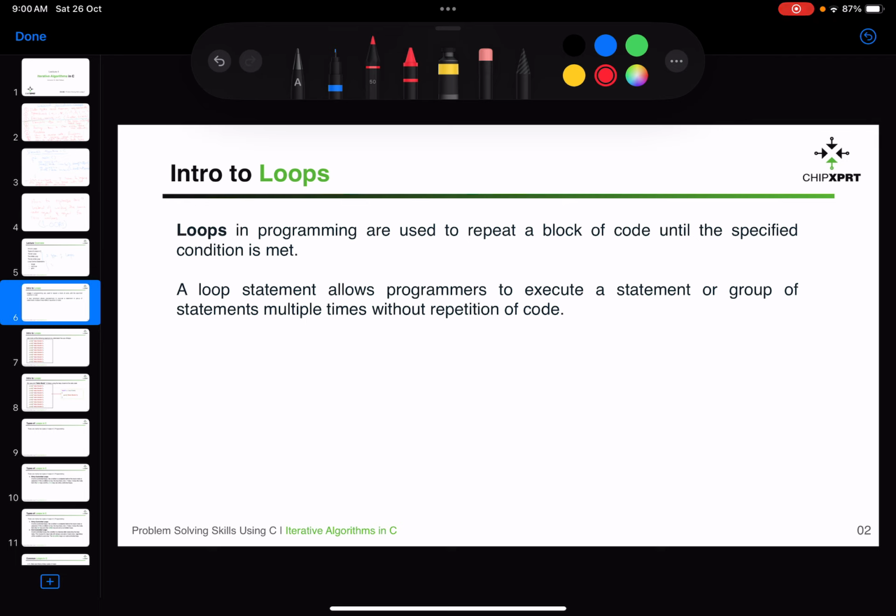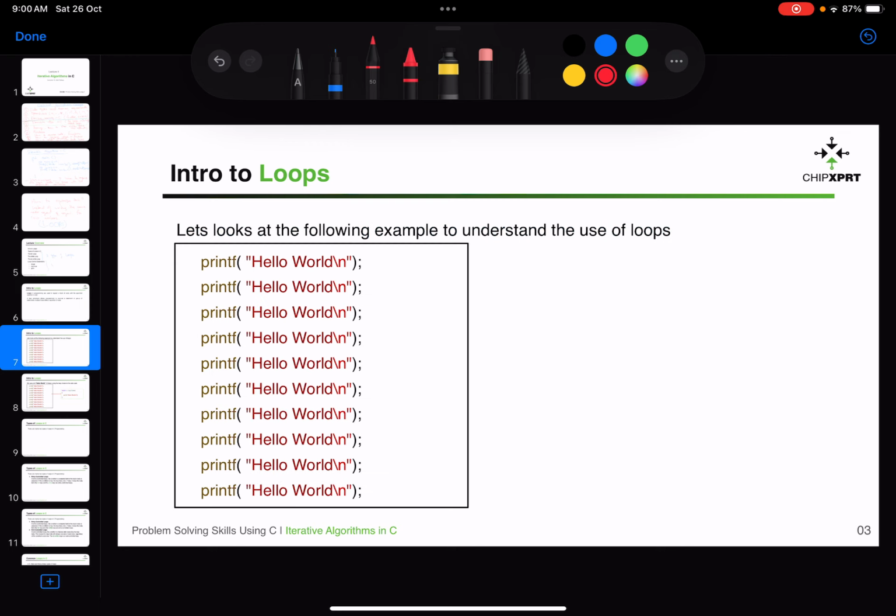So loops in programming are used to repeat a block of code until the specified condition is met. A loop statement allows a programmer to execute a statement or group of statements multiple times without repetition of code. So this is what exactly we wanted. Let's see a very basic example.